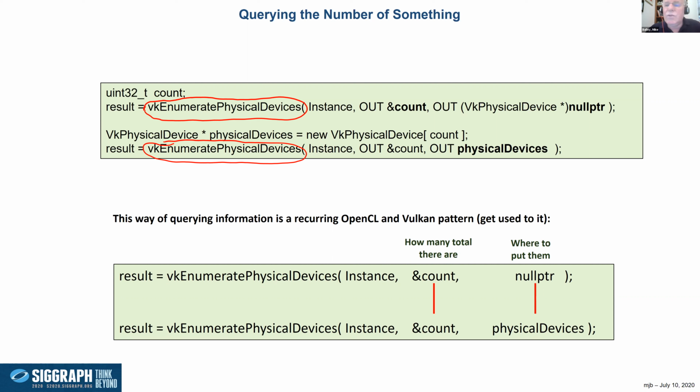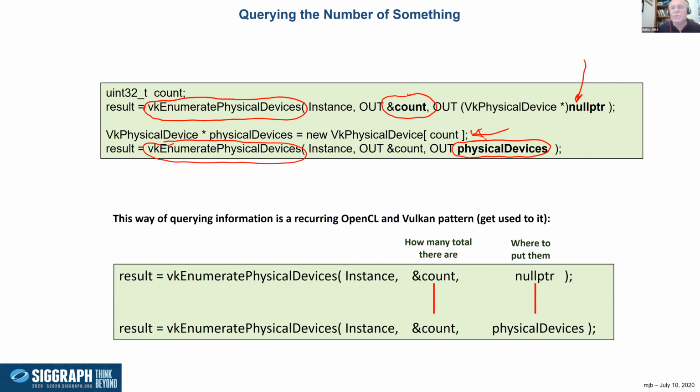The way you do this is, if you are not asking to have a struct filled, you put a null pointer in place of where the struct pointer would have been. What that says is, I'm only interested in bringing back the count. Now we use the count to allocate that array of structs. And on the second call, we send in the array of structs to be filled.